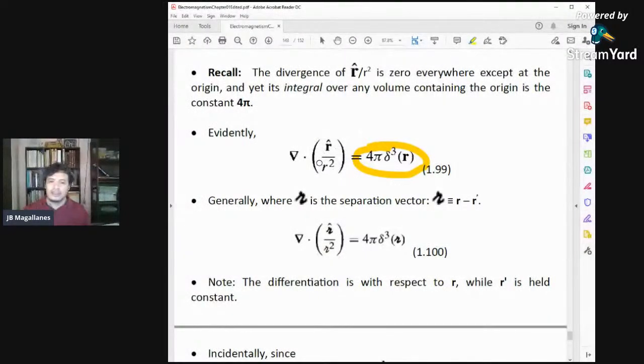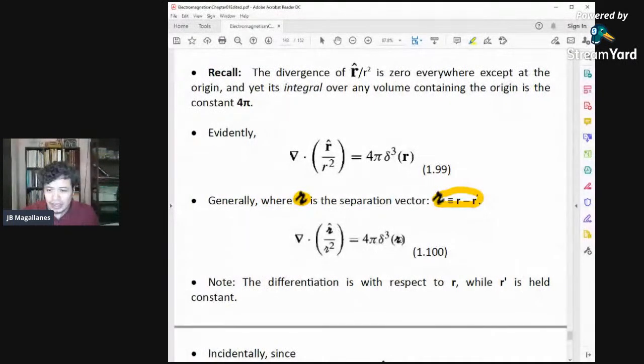So your v is equal to r hat over r squared. In electrostatics and electrodynamics problems, we generally use the separation vector, this one. And we know the definition of this: script r is just equal to field point minus source point. Most of the time we do that, and this is just the equivalent of the divergence of that vector function.